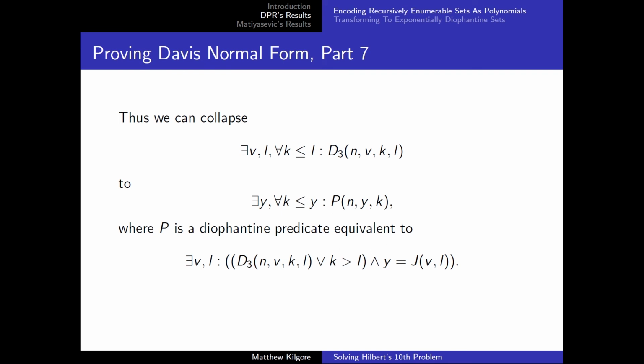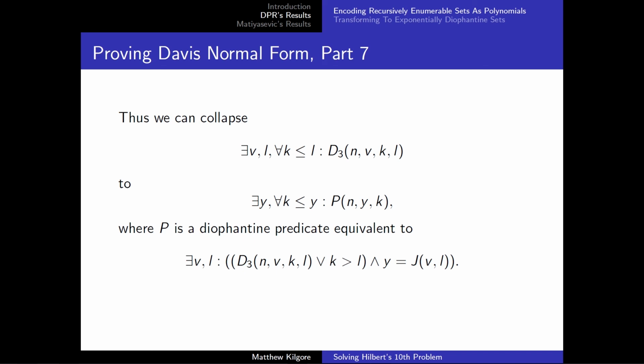Consequently, we can collapse V and L to a single variable y, and the entire thing becomes there exists a y such that for all K less than or equal to y, P of n, y, K, where P is a Diophantine predicate equivalent to there exists a V, L such that D3 of n, V, K, L and y equals J of VL.